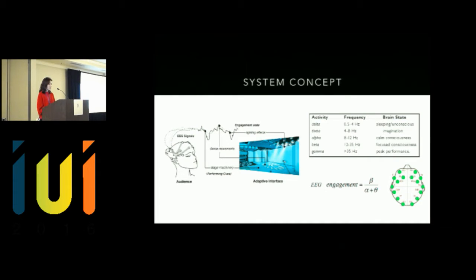And also the EEG-based engagement formula has been widely used to estimate the audience task engagement in the HCI field. And here we average 2 pairs of the electrodes because they are mainly related to the user's visual attention. And also we use a basic ICA algorithm to remove the EMG artifacts.